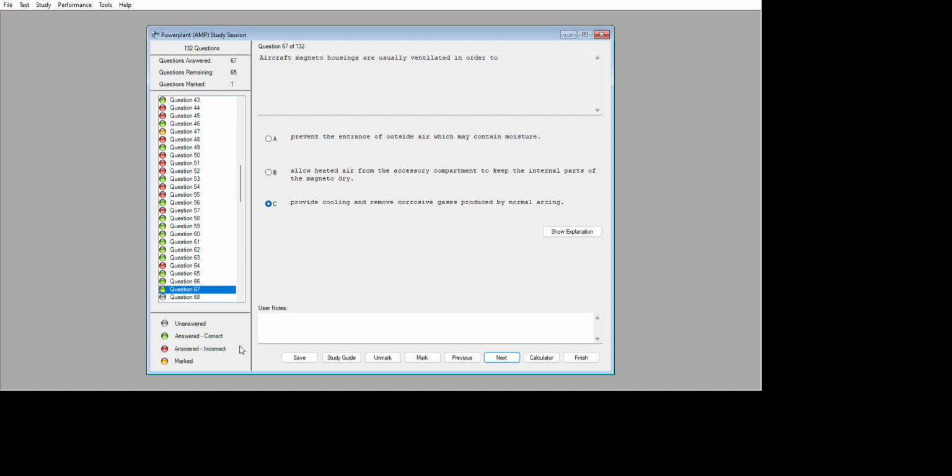When testing a magneto distributor block for electrical leakage, which of the following pieces of test equipment should be used? I'm going to say a high tension harness tester.